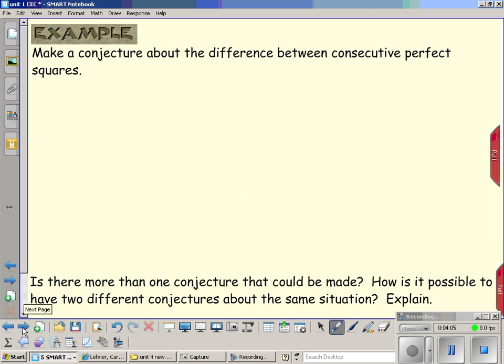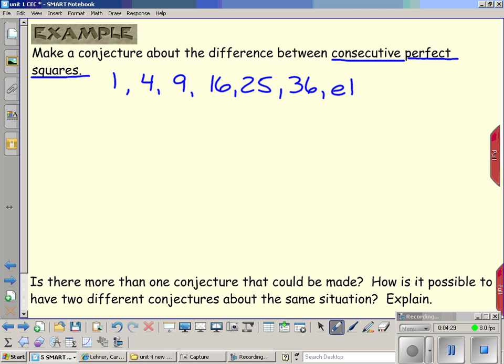We want to make a conjecture about the difference between consecutive perfect squares. Again, it's making sure we understand the terminology. Consecutive means one right after the other. Perfect squares are numbers like 1, 4, 9, 16, 25, 36, etc. They are what happens when you take whole numbers and you square them.